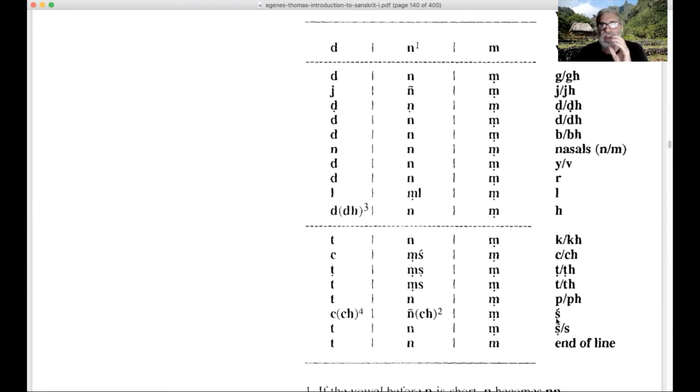The acute accent means it's a palatal letter, belonging to the same family of letters: cha, ja, nya. That N, the palatal nasal, has a little wiggly line over the top, which is called a tilde. That makes it sound like the NY in the English word onion, nya, or in the Spanish mañana, nya.